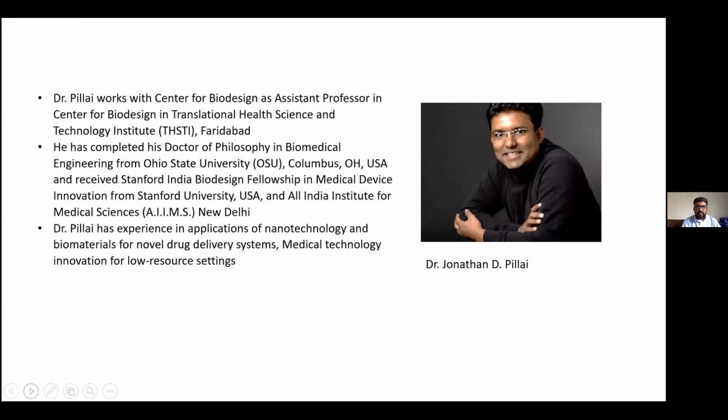We have Dr. Jonathan D. Pillai. Dr. Pillai works for the Center for Design as Assistant Professor in Translational Health Science and Technology Institute, Faridabad. He has completed his Doctor of Philosophy in Biomedical Engineering from Ohio State University, Columbus, and received the Stanford India Biodesign Fellowship in Medical Devices Innovation from Stanford University, USA, and AIIMS, New Delhi.